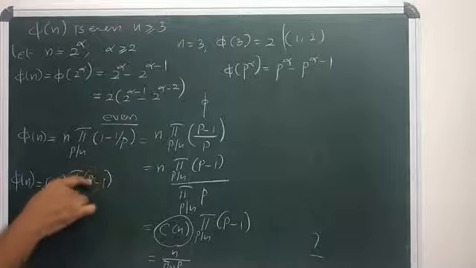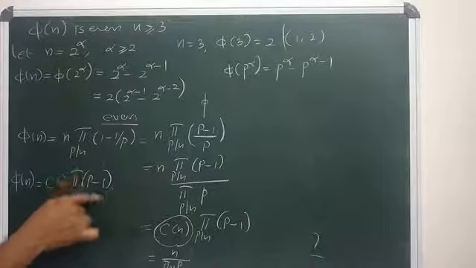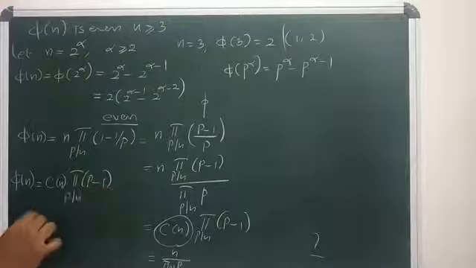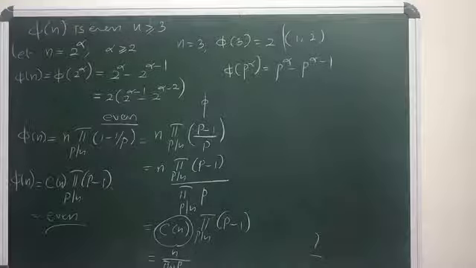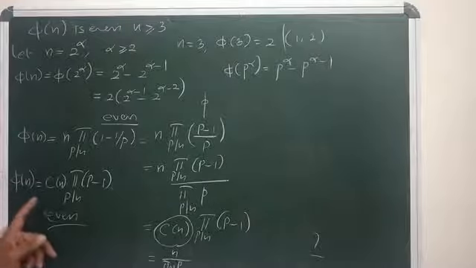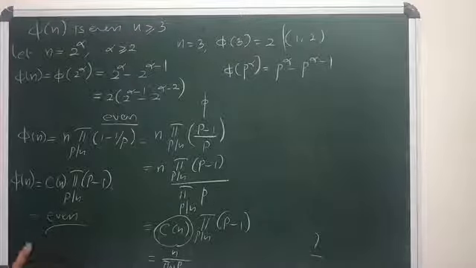What is p? p is an odd prime. So p minus 1 is always even. So this phi of n is also even. When this n has at least one odd prime factor, we can show that phi of n is even.